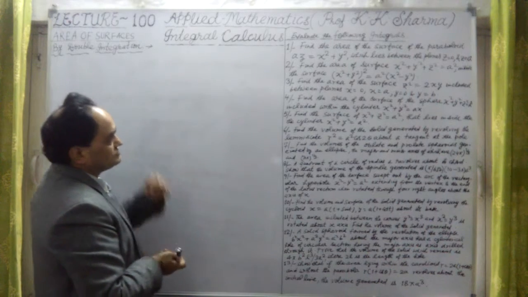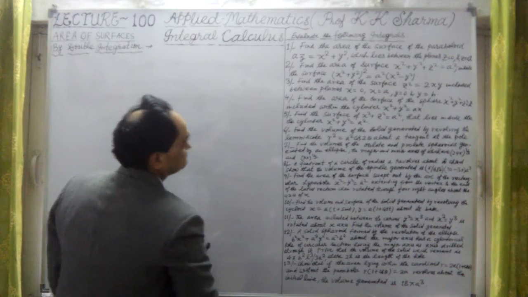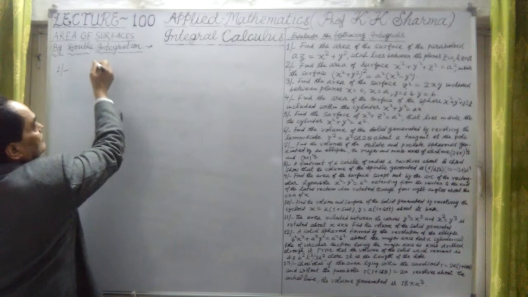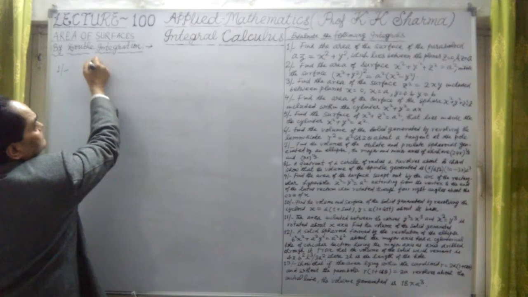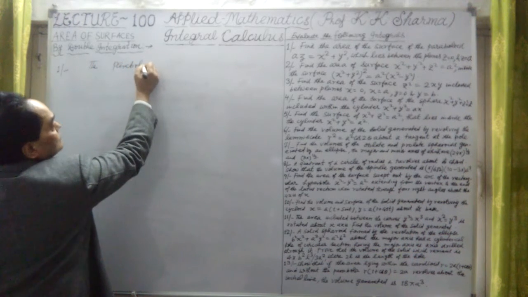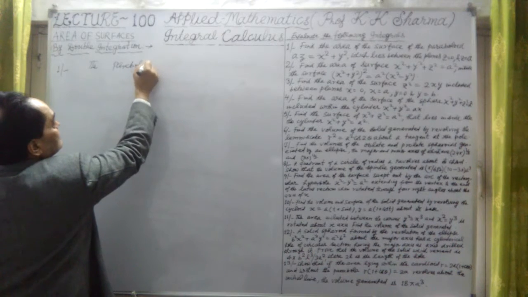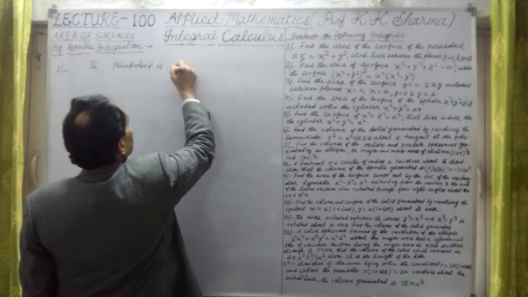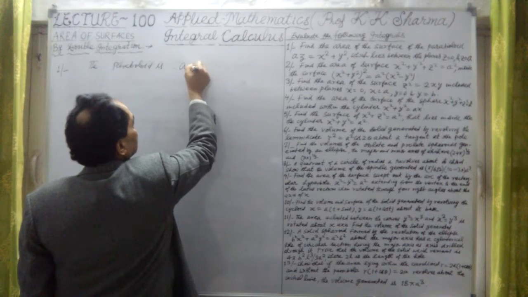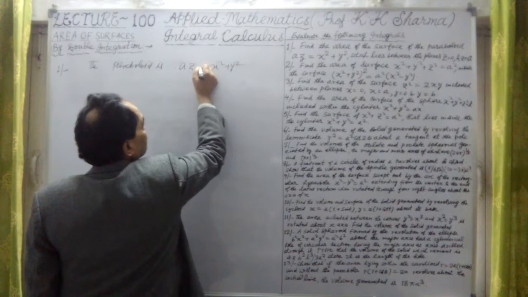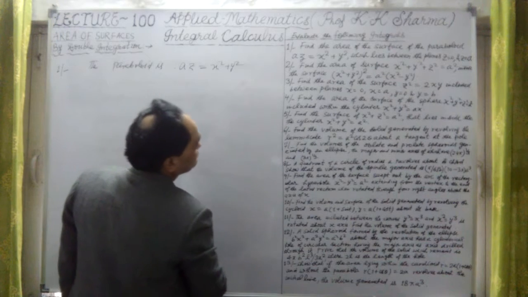So the paraboloid is az equal to x square plus y square.